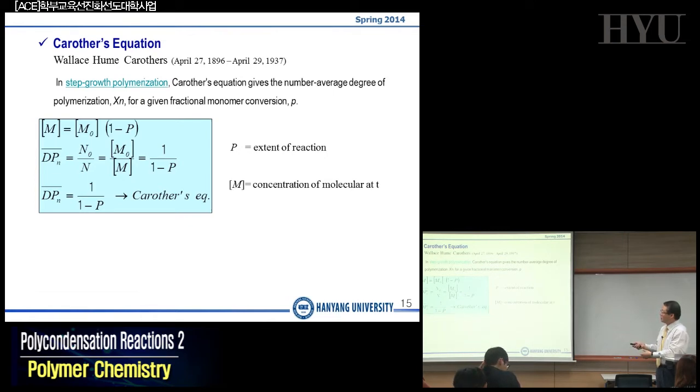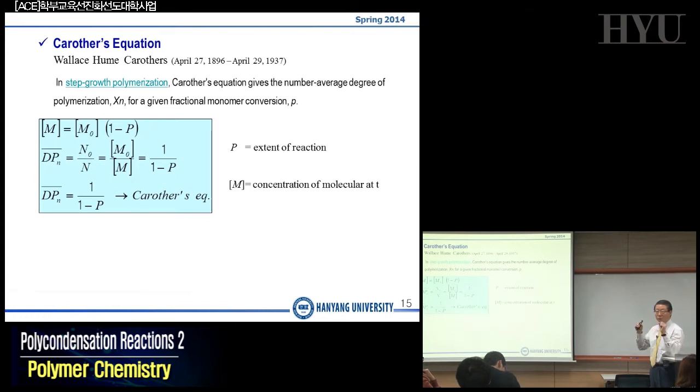You knew that the degree of polymerization is defined as initial number of molecules, N0, divided by the number of molecules that was left in your reactor, which is the same as M0 divided by M. Then you come up with a very simple equation of finding the degree of polymerization, whereas this is 1 over 1 minus P. So this is the well-known Carothers equation, assuming that you have bifunctional monomers, right?